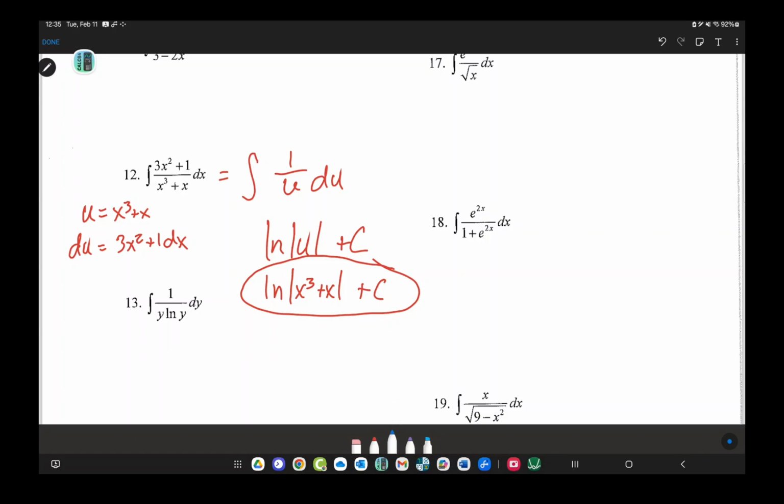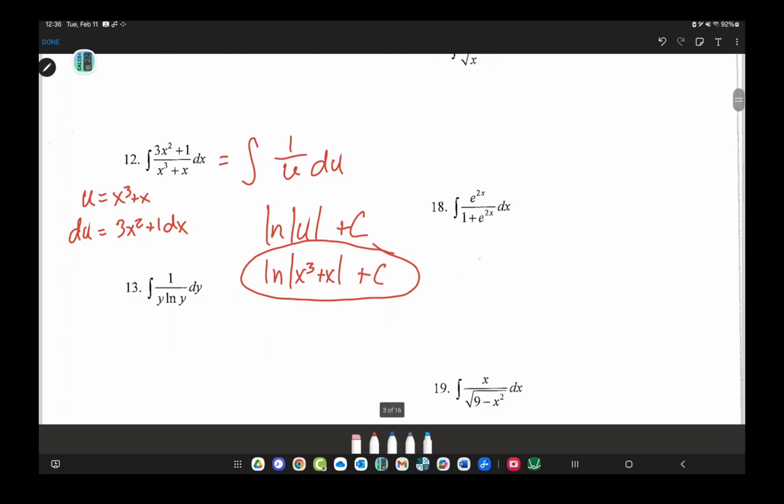So, number 18, again, we have a situation where we have a function, a numerator and denominator. We try to put u in for the more complex function. So that means we're going to use u equal to 1 plus e to the 2x.